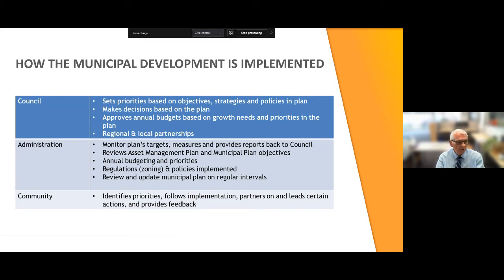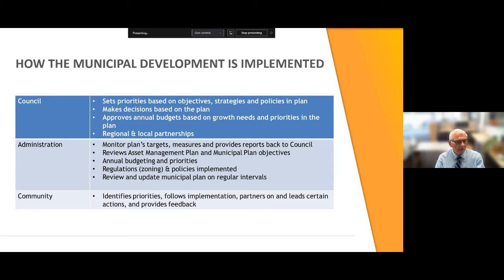From the administrative perspective, administration's role is to monitor the plan and make sure that the policies are being followed and measured. We set targets and we report back to council so that council has a good feel for whether the development plan is being followed, or whether it is simply sitting on a shelf.